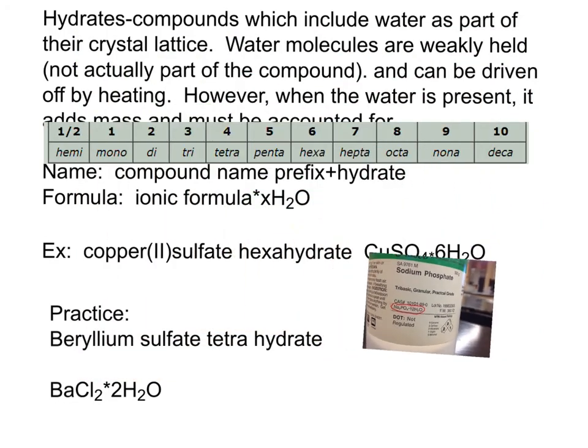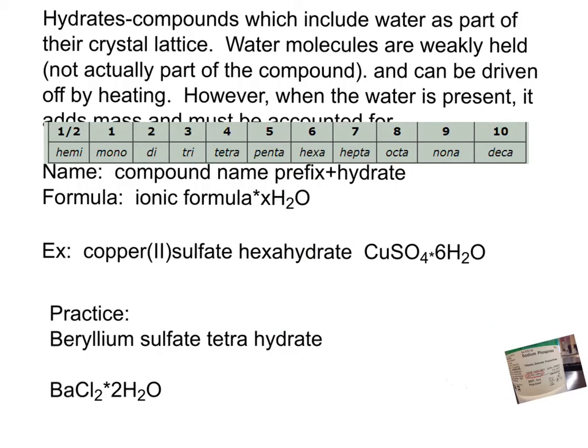Alright, so I'll get this shrunken up and out of the way here. Let's go back to the practice problems now. So we have a compound, beryllium sulfate tetrahydrate. Again, using our naming rules, we know that beryllium is a group 2 metal, so we should be able to figure out it's got a +2 charge. Sulfate's one of those annoying polyatomics that we just have to know it is SO4 and it carries a -2 charge.